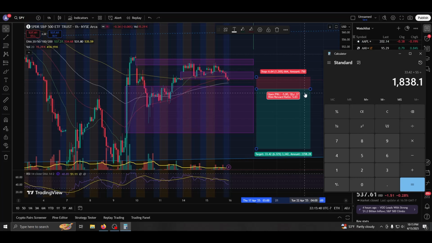This is given a delta of 55, but as we get deeper in the money, that delta becomes 100. So let's assume, let's do 15 times 55, okay, and then we're going to add that with 15.